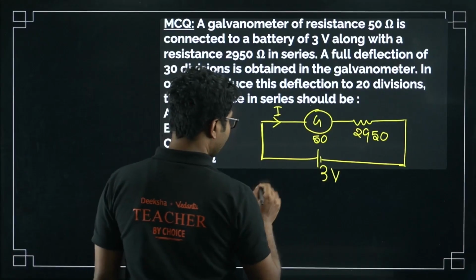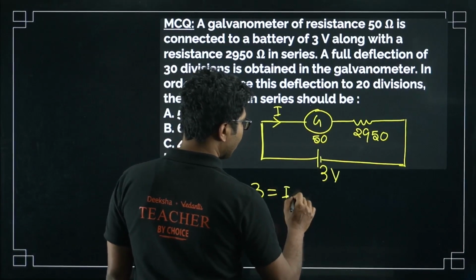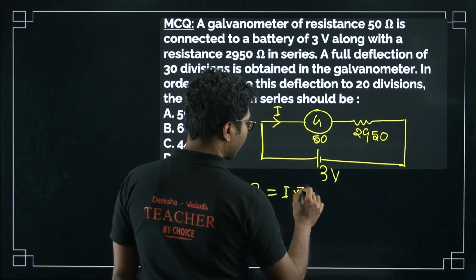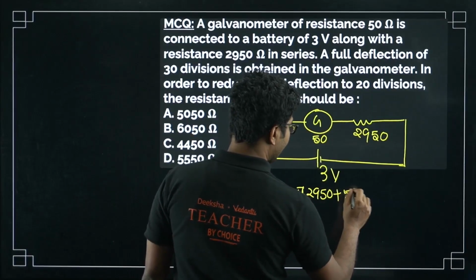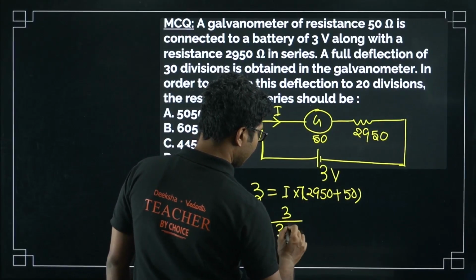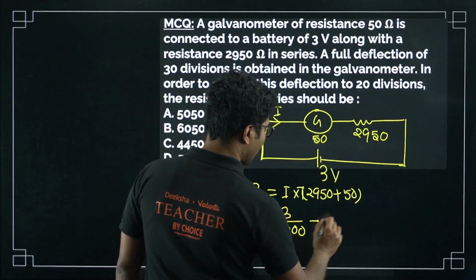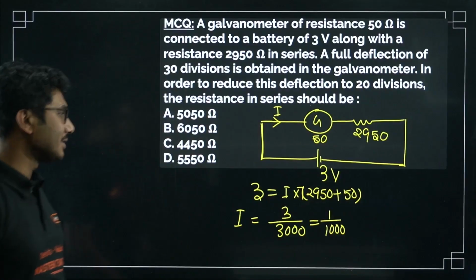As we know that V is equal to IR, so 3 is equal to I into R. R is 2950 plus 50, so I will be equal to 3 divided by 3000, that is 1 by 1000 or 1 milliampere. I am just writing 1 by 1000, that is the current here.